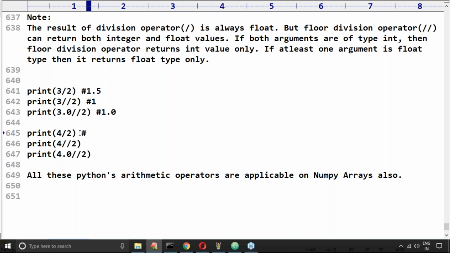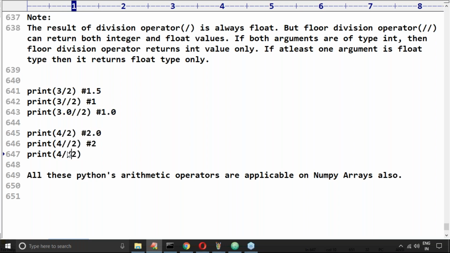What is the output by default? 2.0. Yes, remember that. Normal division operation is always going to return the float value only. But for floor division, because both arguments are int type, that's why 2, sir.